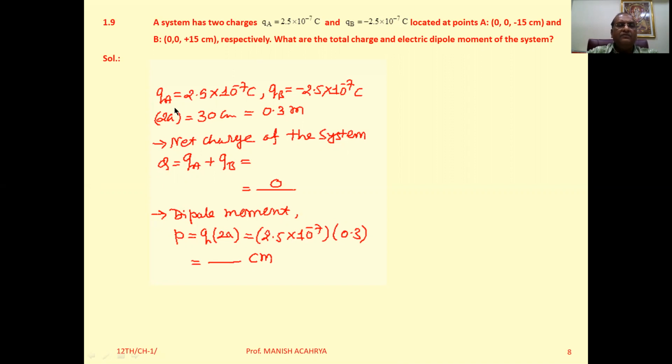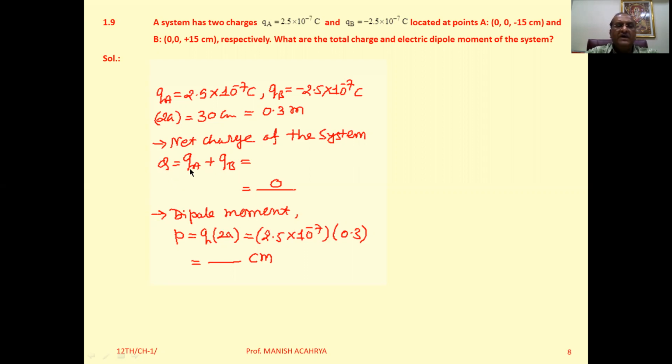Okay. Now QA, that is 2.5 into 10 raised to minus 7 coulomb. QB, that is minus 2.5 into 10 raised to minus 7 coulomb. Separation between these two, that is minus 15 to plus 15 means 30 centimeter, that is 0.3 meter. So net charge of the system is the algebraic summation of all the charges of the system.